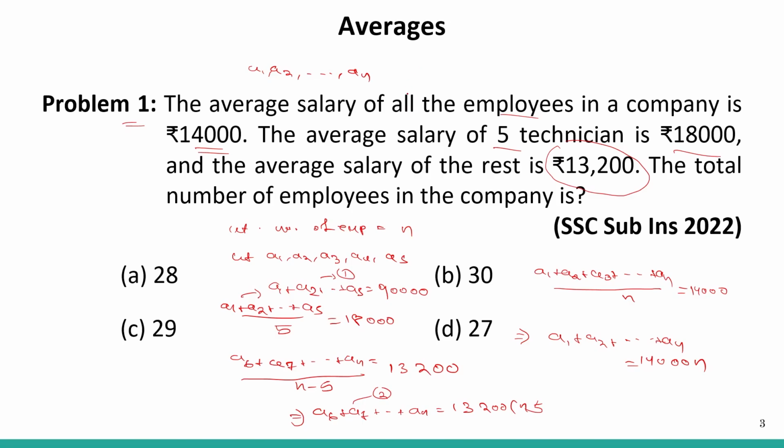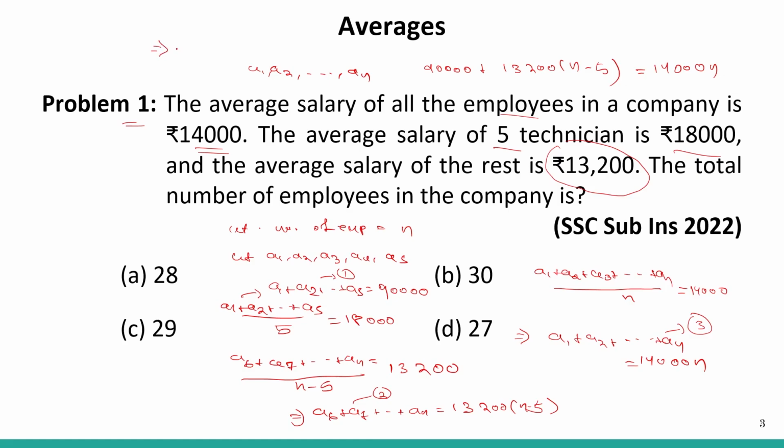Adding equations 1 and 2 and equating with equation 3, we are left with 90,000 plus 13,200 into n minus 5 is equal to 14,000 n. Solving this algebraically, we get n.